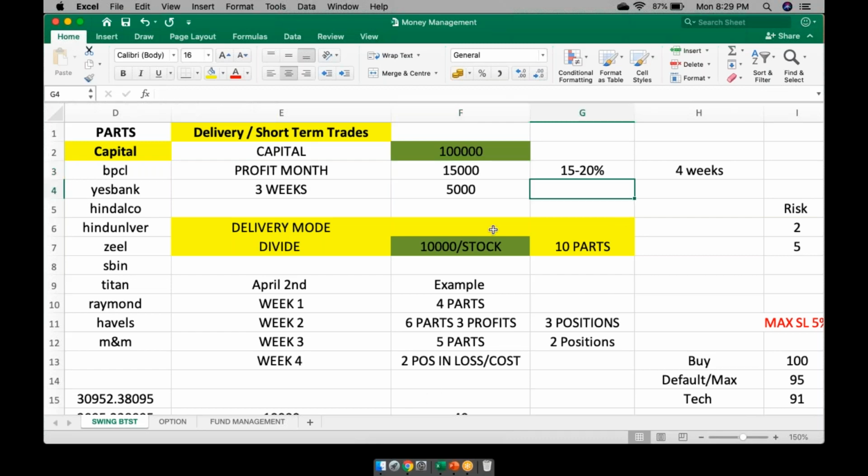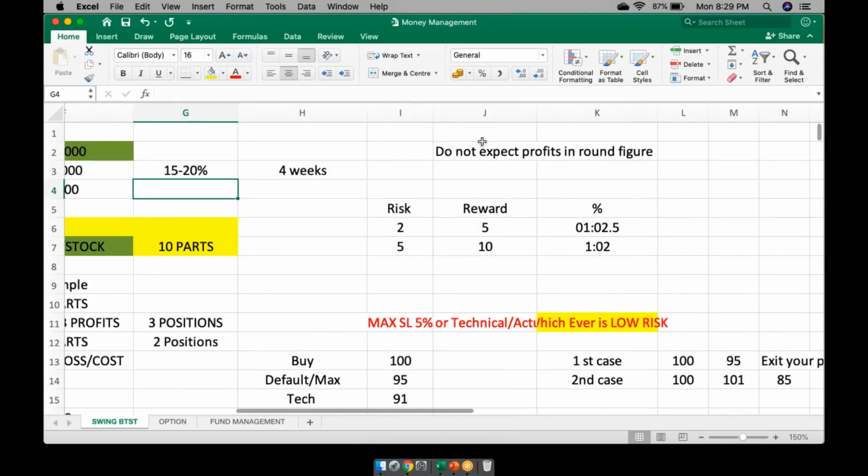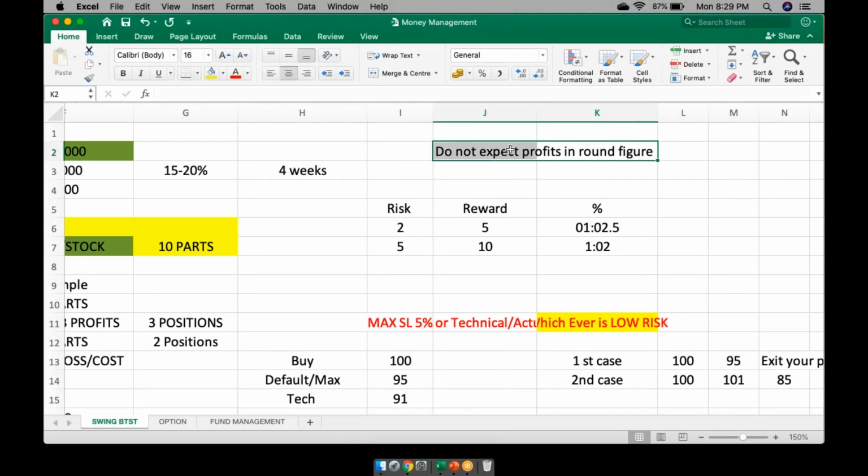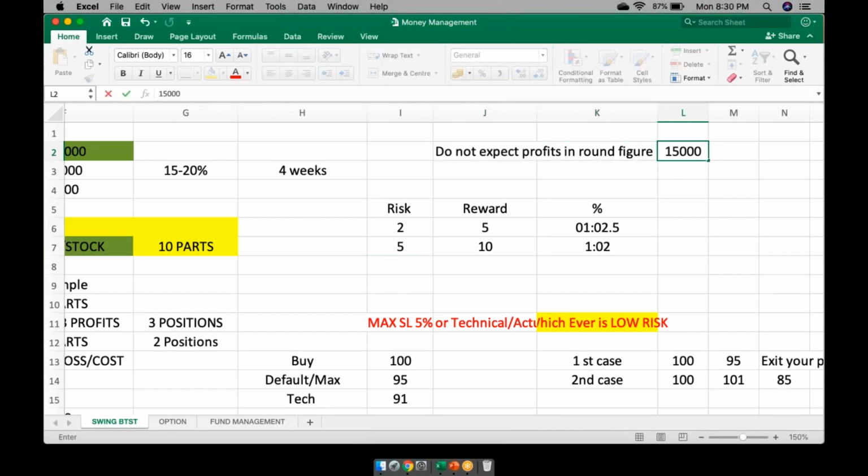So next, don't expect profit in round figures. That means if you are expecting 15,000 rupees profit, say for example, you entered a trade and your current profit is 14,570.